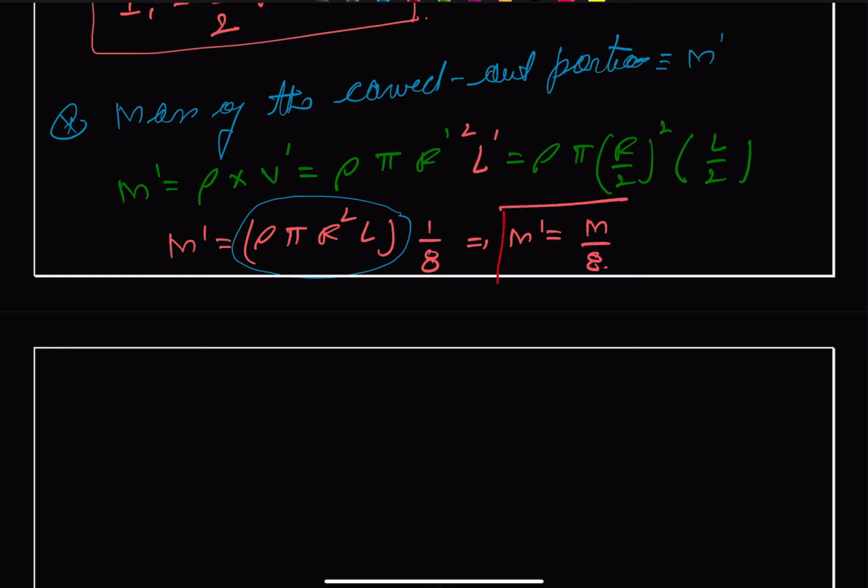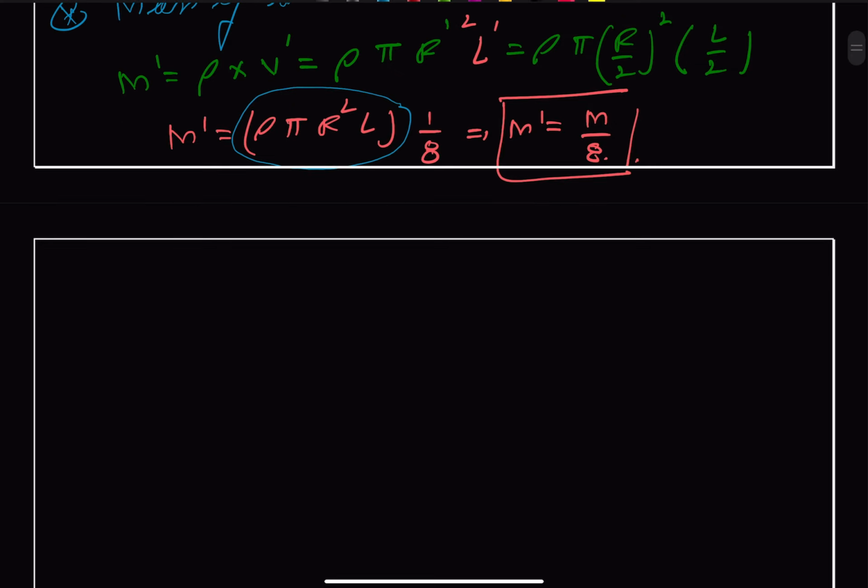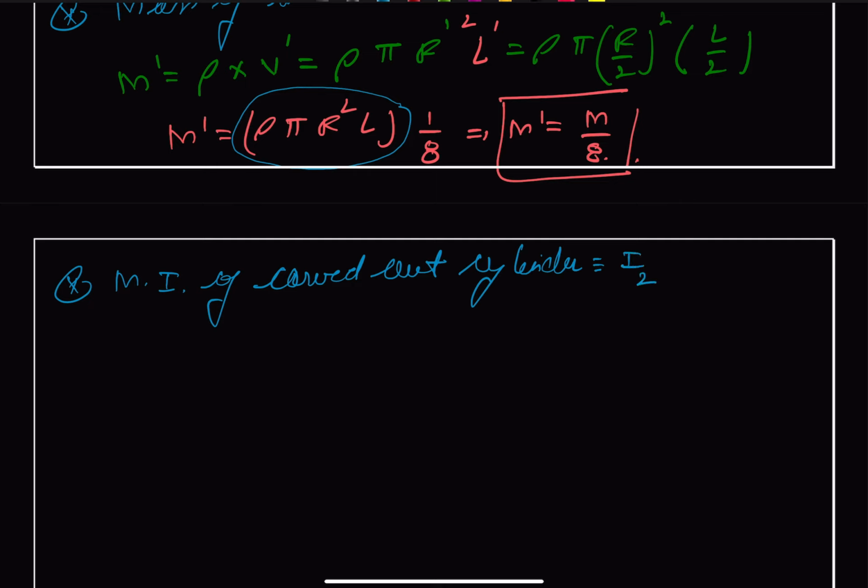Now we are going to find the moment of inertia of the carved out cylinder, which is I2, and will be equal to 1 by 2 m prime r prime whole square.